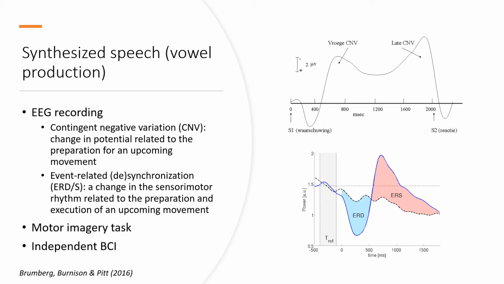And the other signal is event-related desynchronization and synchronization, and this is a change in the sensorimotor rhythm that's related to the preparation and execution of an upcoming event. As you can see, both of these signals are related to movement, and the signals were provoked through a motor imagery task. So a stimulus was presented on a screen that required the participant to imagine a certain movement, like a bodily movement, and this then stimulated these types of signals.